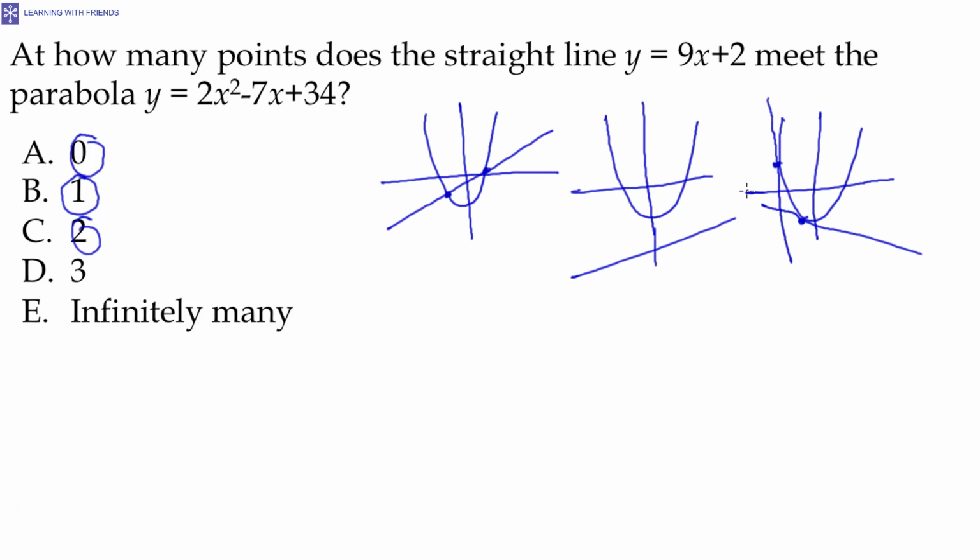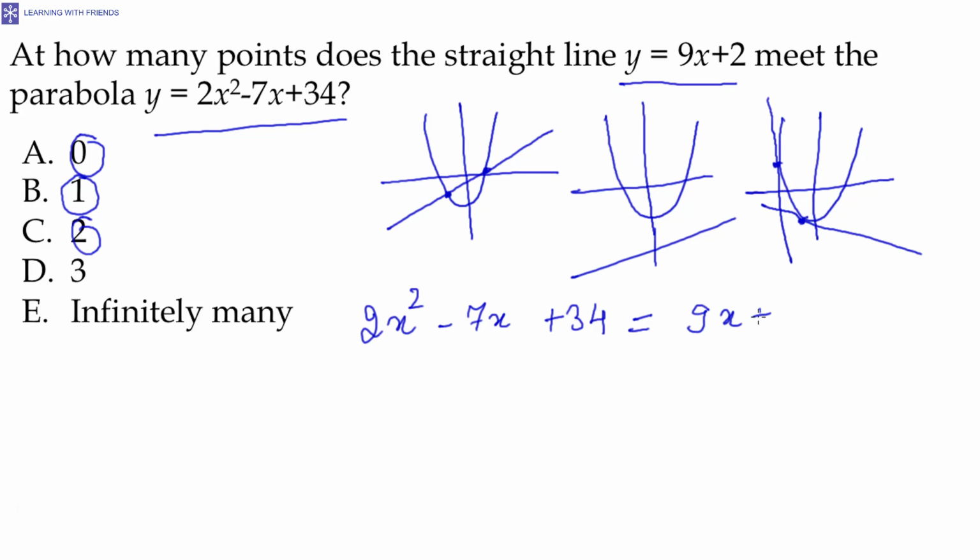Now for that it's pretty straightforward. You just solve these two equations. The first equation is the straight line equation and the second equation is the parabola equation, as simultaneous equations. So you just equate the y components of both. So you have 2x squared minus 7x plus 34 equal to 9x plus 2.